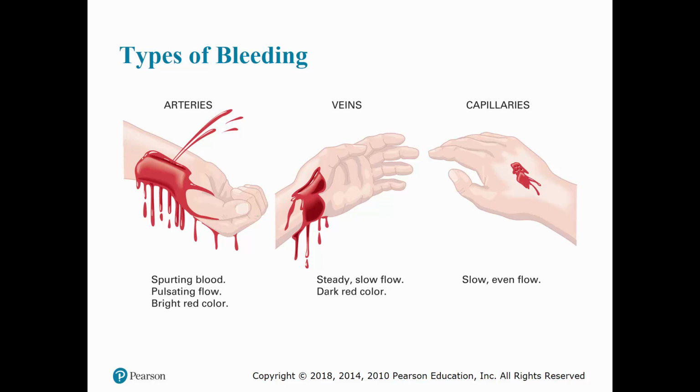It'll be a steady, slow flow. With a capillary bleed, it's even slower and almost like an oozy type bleed. And remember that there may be a mixture of bleeding, as soft tissue trauma can easily result in simultaneous bleeding of arteries, veins, as well as capillary beds.